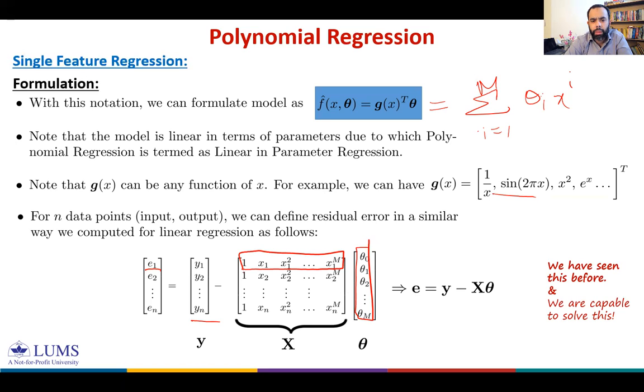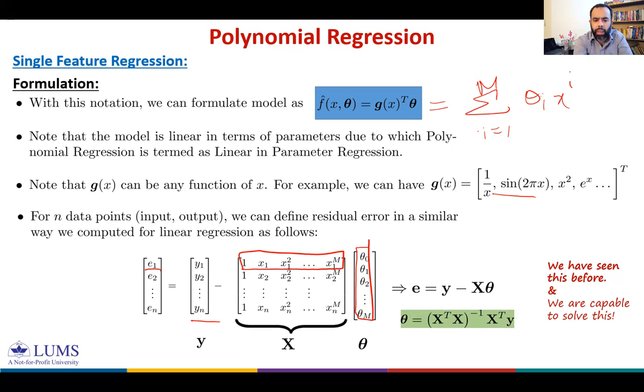So what is the solution? The solution for theta that minimizes the mean square error, root mean square error, or least square error is X transpose X whole inverse X transpose y. Again, the assumption here is that X transpose X is invertible.